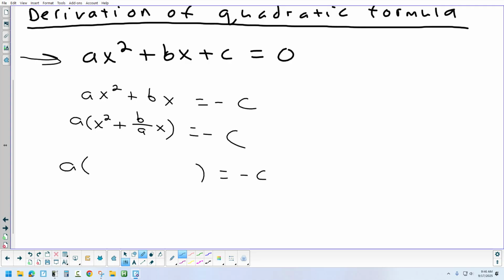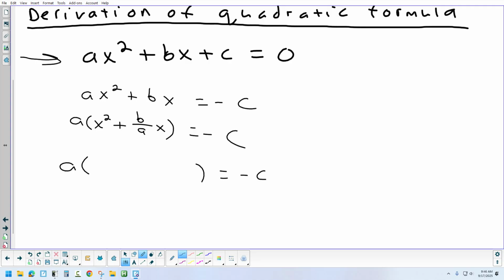Well, I don't really have a b there anymore. I have an a, I have an x squared, I have a b over a, and I have a negative c. We don't have a b by itself anymore. So then what do we do? b over a? Yeah, it's the b over a. That's exactly what we're going to focus on.